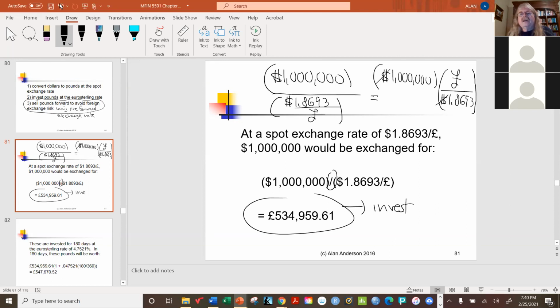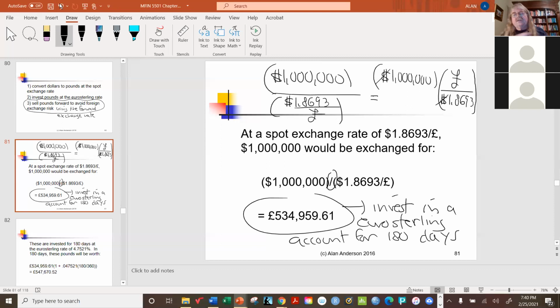Now, at this time, you're going to invest these pounds in a euro sterling account for 180 days. Now, because we already know what the rate of interest is, we know exactly how many pounds we'll have in 180 days.